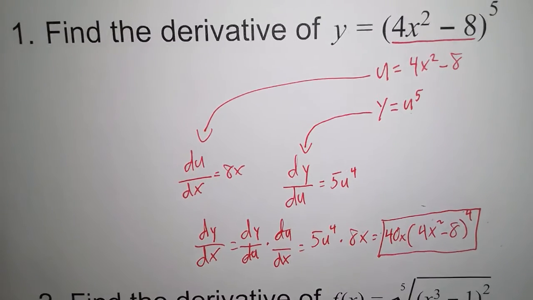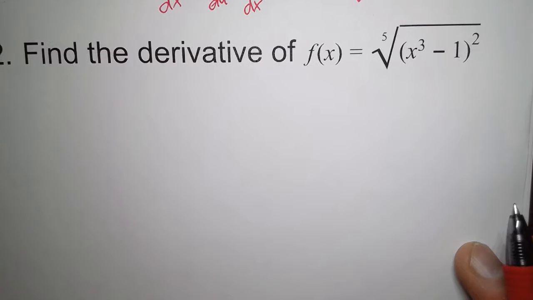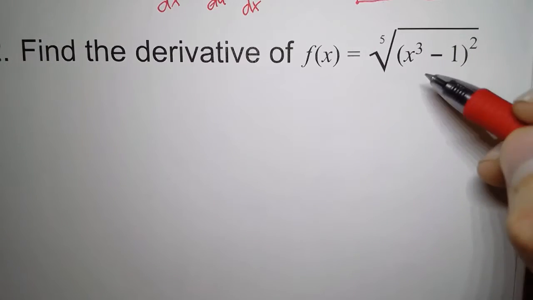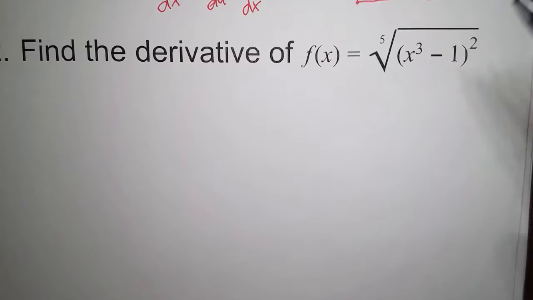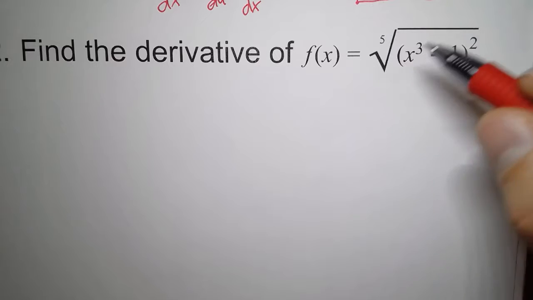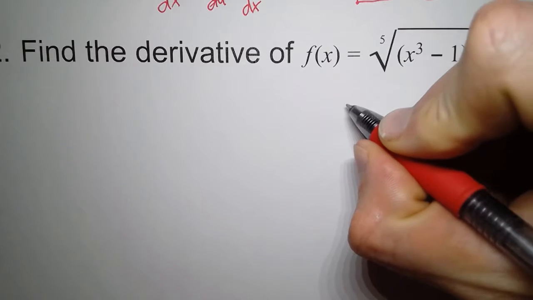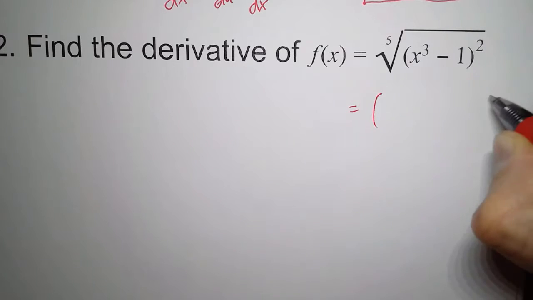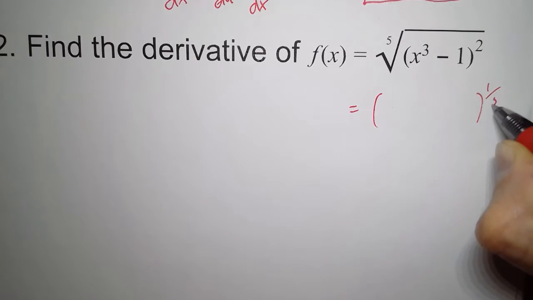So let's look at the next one. One of the difficulties that people have with chain rule is oftentimes when you have polynomials combined with radicals. Now, before we identify the inner function, let's simplify this a bit algebraically. So, here we have the fifth root. Now, the fifth root is equivalent to raising this to the 1/5 power.